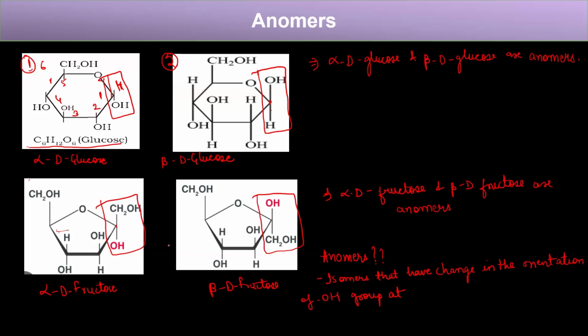If you look at the structure, this change is not random. It is present at a particular carbon position. And what is this carbon position? This is the carbonyl carbon, right? From the previous slide, if you see, these are the carbonyl carbon. So anomers are the isomers that have a change in the orientation of the OH group at the carbonyl carbon.